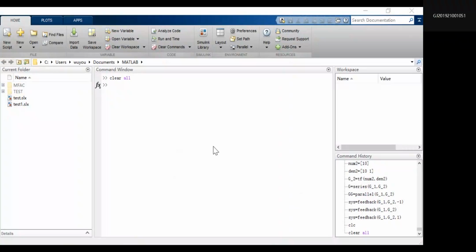Okay, here. See, we have a. Yes. Okay, if we have a system like this, the forward pass, how many transfer functions are listed?